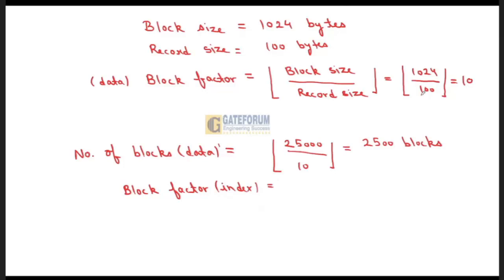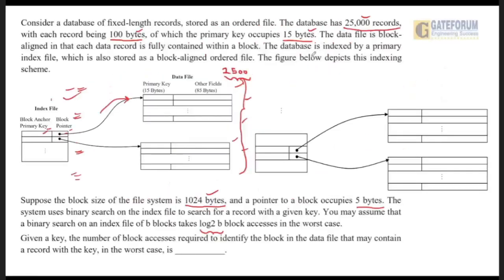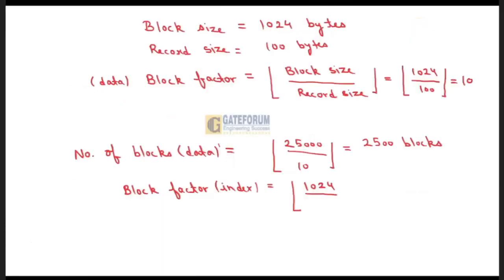Now we can see what is the size of a block. It is 1024, and in the index block what will we have? We will have two things. One is the key and the other is the pointer. What is the key size? Key size is 15 bytes and the pointer size is 5 bytes. So in each record of index block, the record size is 20 bytes, 15 plus 5. So in each index block, how many records can come?